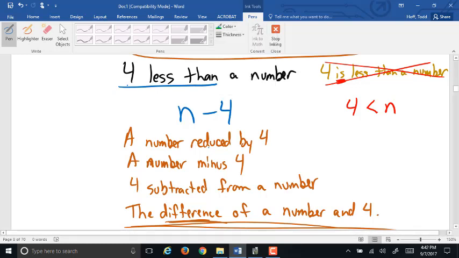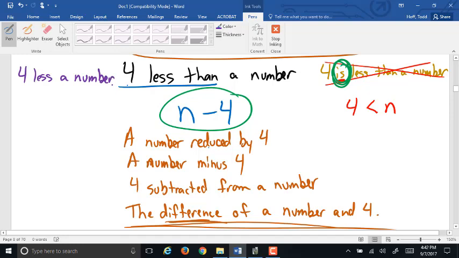Another side note up here. 4 less than a number is n minus 4. 4 is less than a number was that slight variation. How would this change things? 4 less a number.